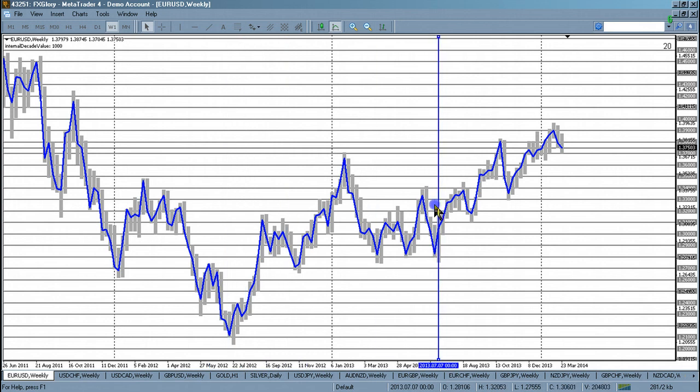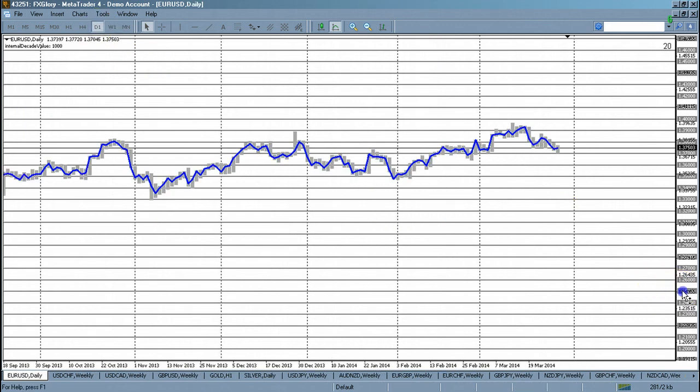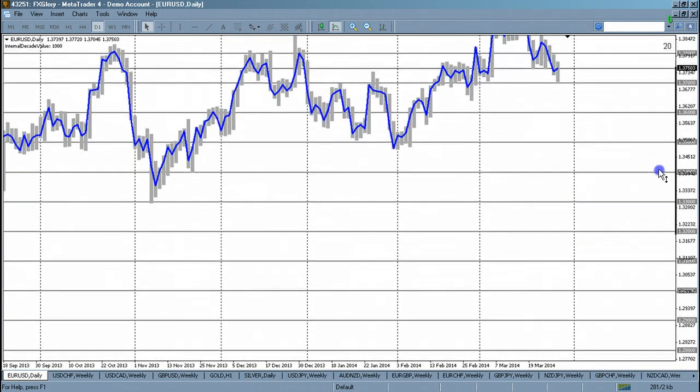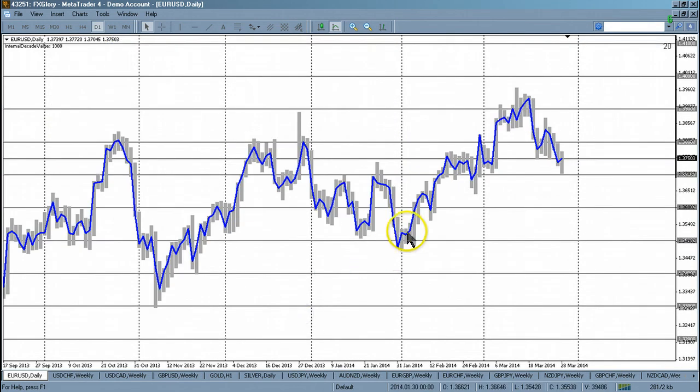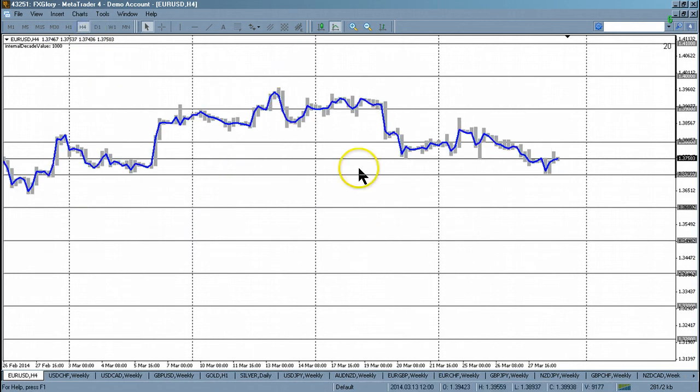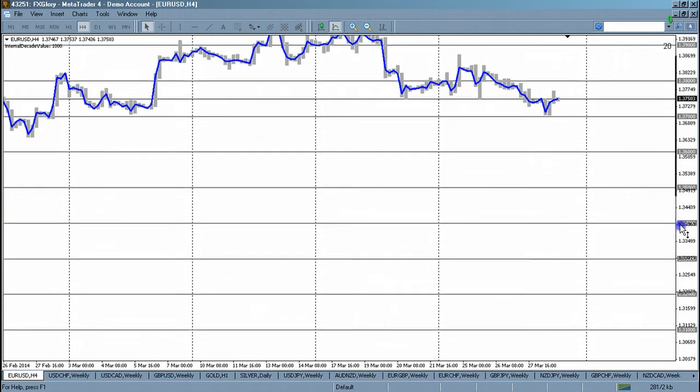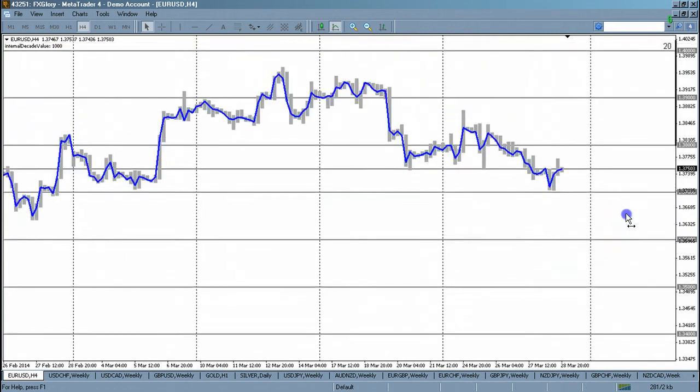This is the same phenomenon you'll see if you go to the daily time frame. You'll notice the end of the month, of course it's not exact because the end of the month may fall on a weekend, and you have the weekend cycles overlaying this too.